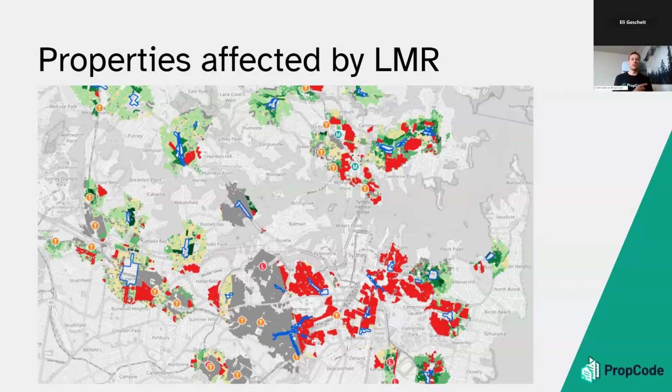I'll just say on this map, the gray areas are the exclusions. So the LMR, Ellie had a slide for this before. The LMR policy includes a list of exclusions. So although something may be within the 800-meter distance to a center or station, there may be one of the exclusions that actually knocks it out from being eligible for any of the benefit. So those exclusions are the ANEF, bushfire, some of the coastal mapping.